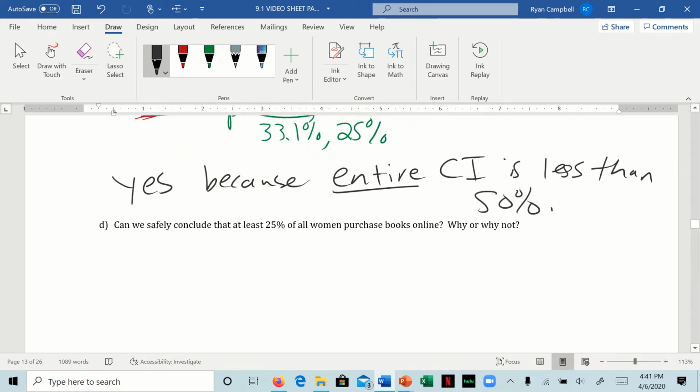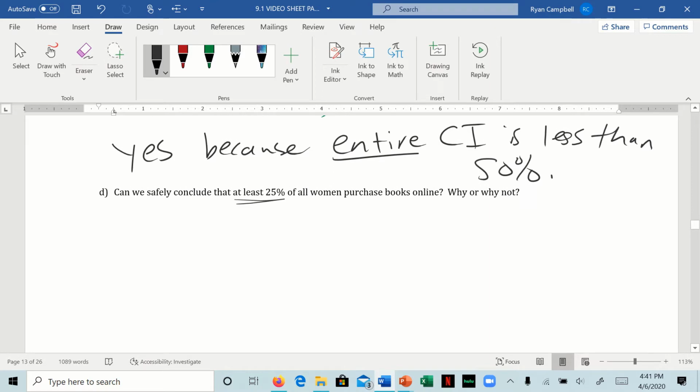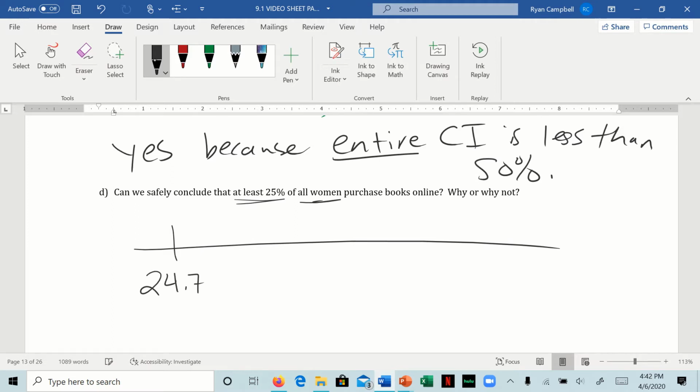Can we safely conclude that at least 25% of all women purchase books online? Since it's all women, we have to look at our confidence interval. The confidence interval goes from 24.7% up to 33.3%. So where is our 25%?